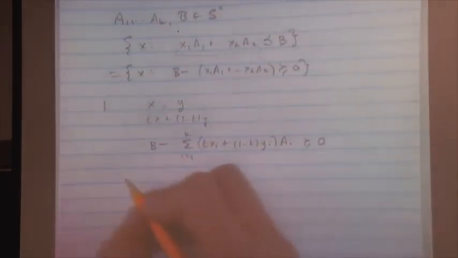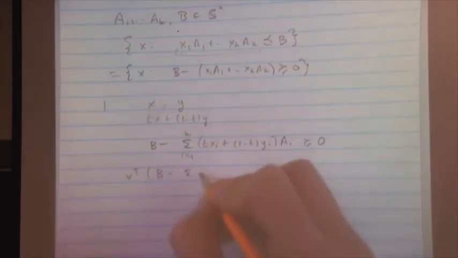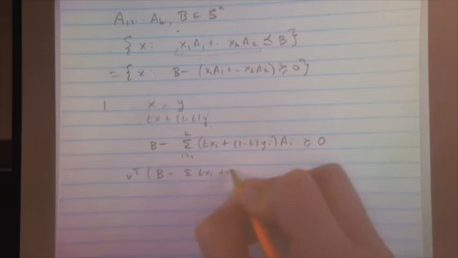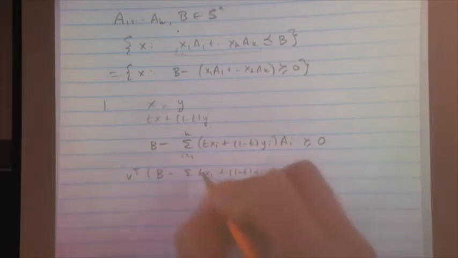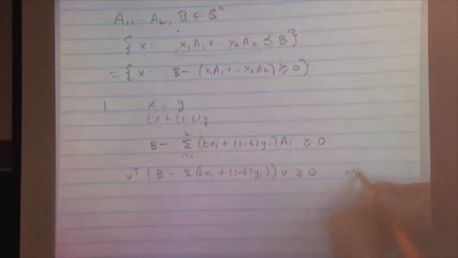That's what we want to show. And remember, that's equivalent to saying v transpose (B minus the sum of (t x_i plus (1 minus t) y_i) A_i) v is greater than or equal to 0 for all v.